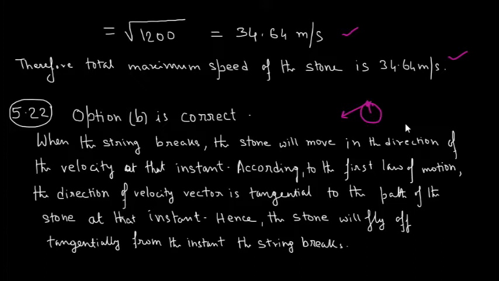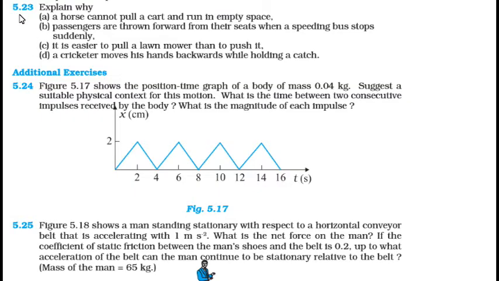Now let us see the next question. Now let us solve question 5.23. Explain why a horse cannot pull a cart and run in empty space.